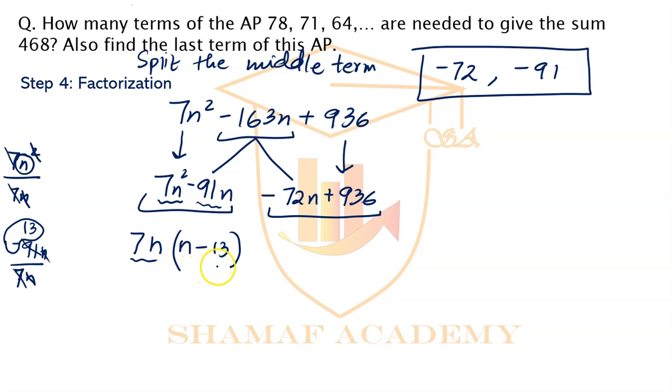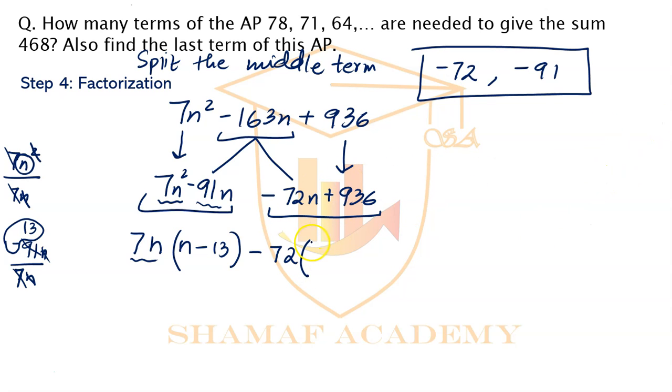Now that I've got my first bracket, be sure that my second bracket is also going to be like that. So let's take out what is common between 72n and 936. There is no n common because the other term does not have n in it. But there is 72. The 72 is a common factor between 72 and 936. And let me make that bracket.